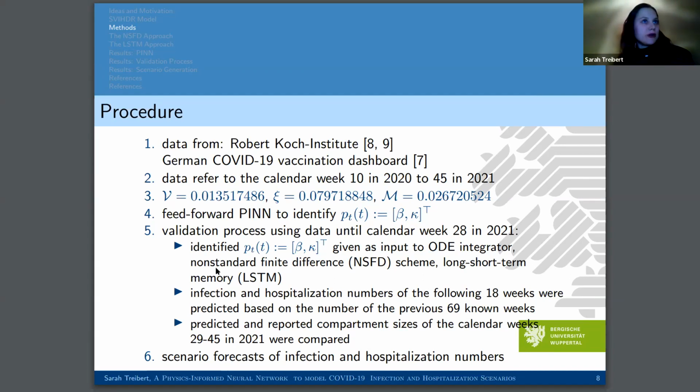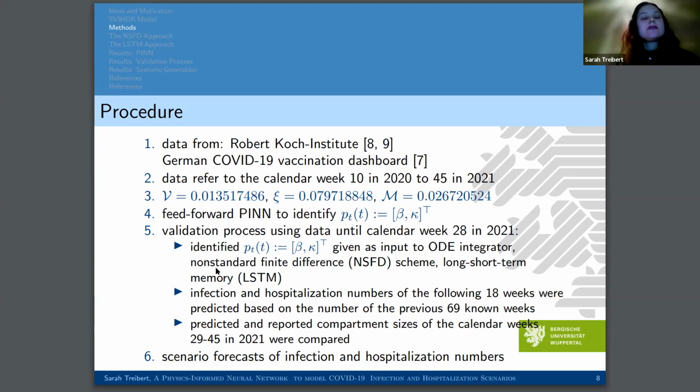We followed the following procedure. Our data originate from the Robert Koch Institute, as I said, and also the German COVID-19 vaccination dashboard. They referred to the calendar week 10 in 2020 to 45 in 2021. So March until November next year. And from these data, we computed 3 fixed parameters, which are given here.